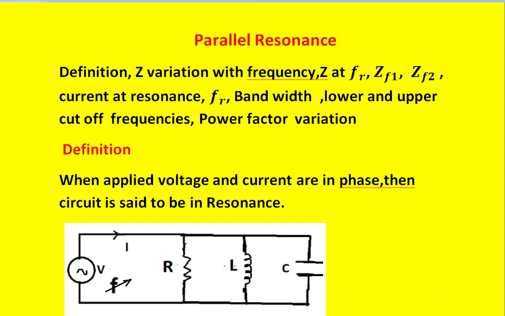Let me summarize once. Here parallel resonance frequency was obtained by keeping the pure elements resistor R, L and C in parallel with the variable frequency AC supply, and it is observed that at resonance the voltage is in phase with the current, and then the circuit is said to be in resonance.